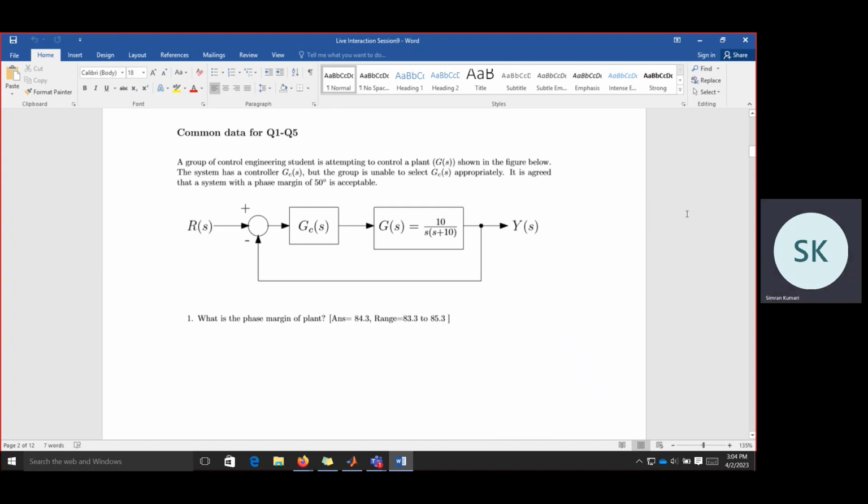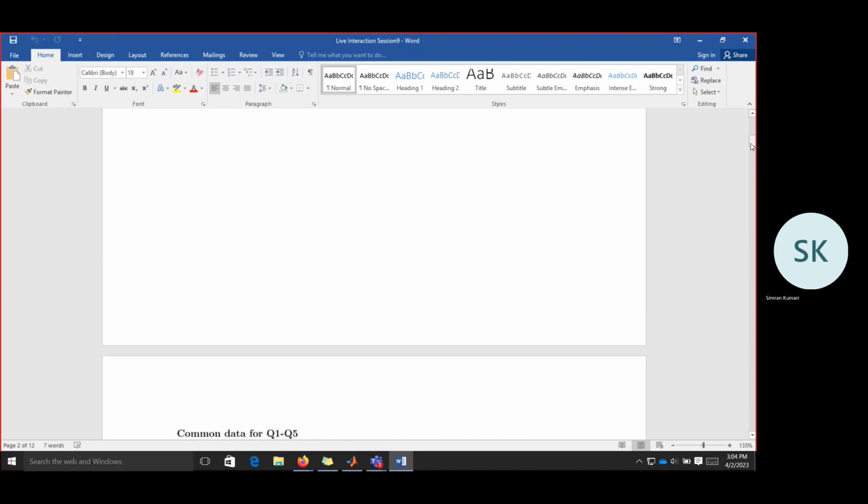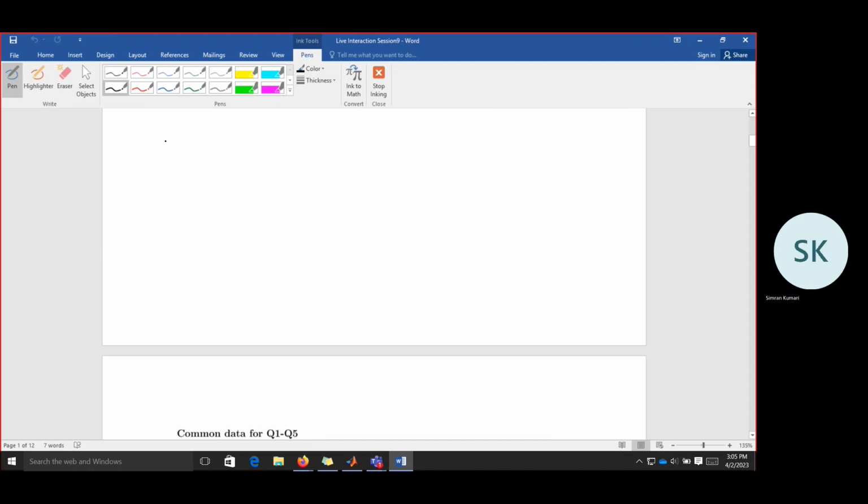Now, I believe that you all have gone through the lectures this week, the different compensators like lead lag that last time we did in time domain, design of lead, lag or lead-lag compensator in time domain.